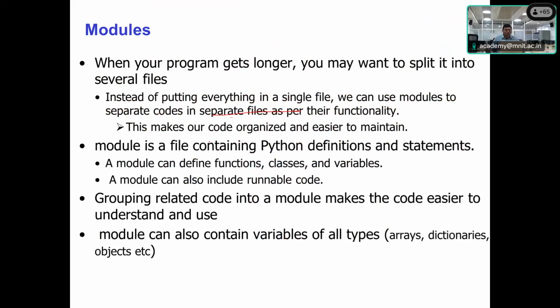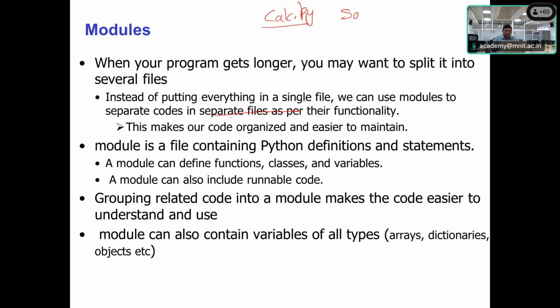Suppose we want to create one longer system program where we want to do sorting, also some kind of searching, and also a calculator program. Instead of trying to write everything in a single file, we can write different files: one for calculator.py, where only the calculator related functions or modules we can write.